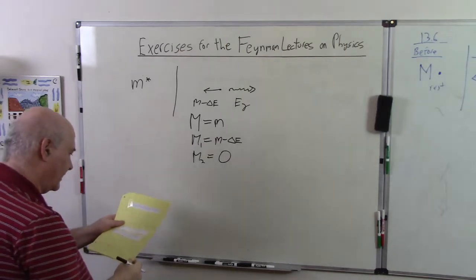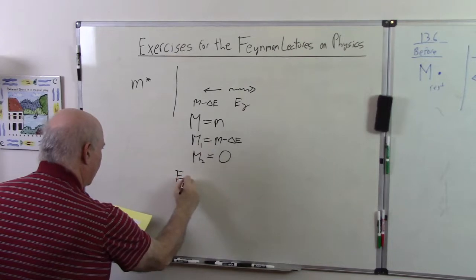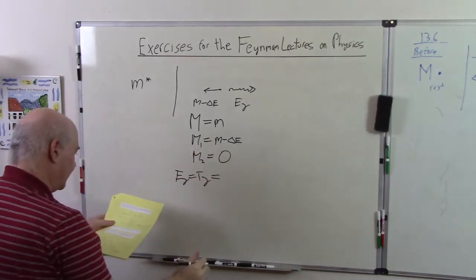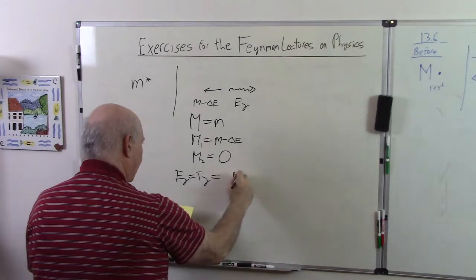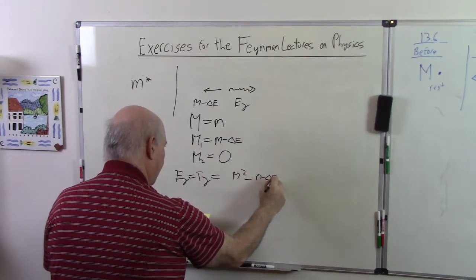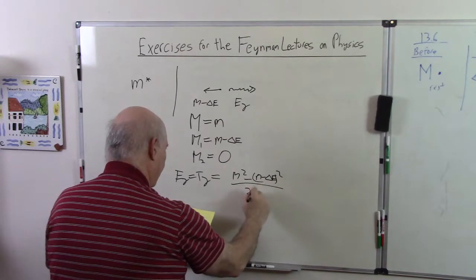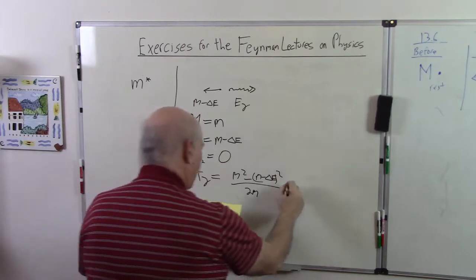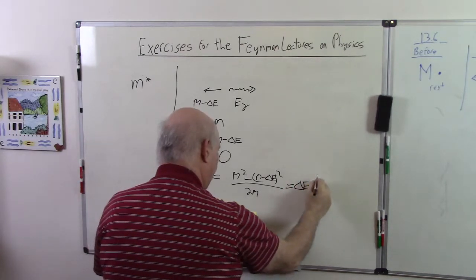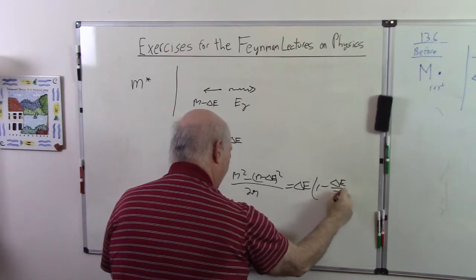Substituting in those formulas, we would get E gamma, which is equal to T gamma because there's no rest mass for a photon. That's just (m squared minus (m minus del E) squared) over 2m, which, when you simplify it, is equal to del E times (1 minus del E over 2m).